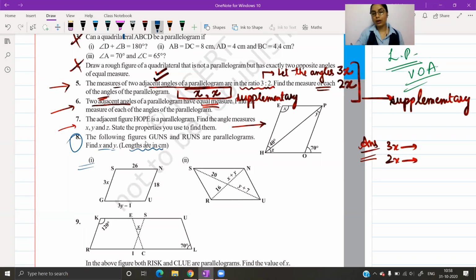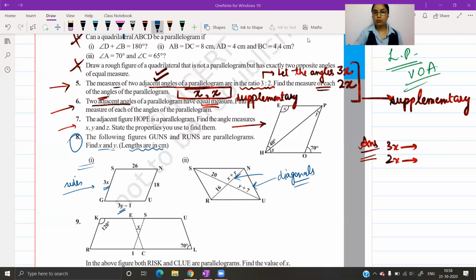So x and y, the variables that we have to find, are representing either the sides. In the first part, x and y are used in sides. And in the second part, we are using x and y for the diagonals. So use a suitable property.